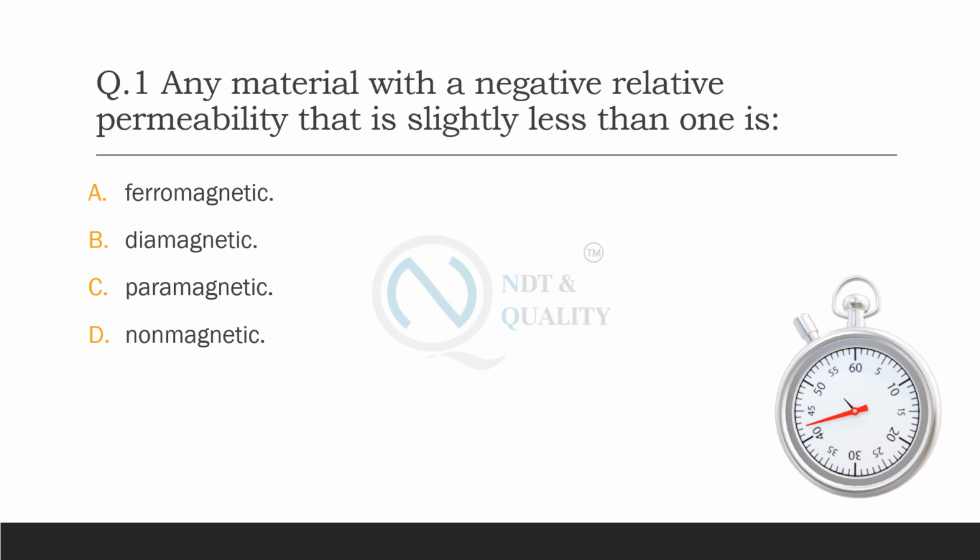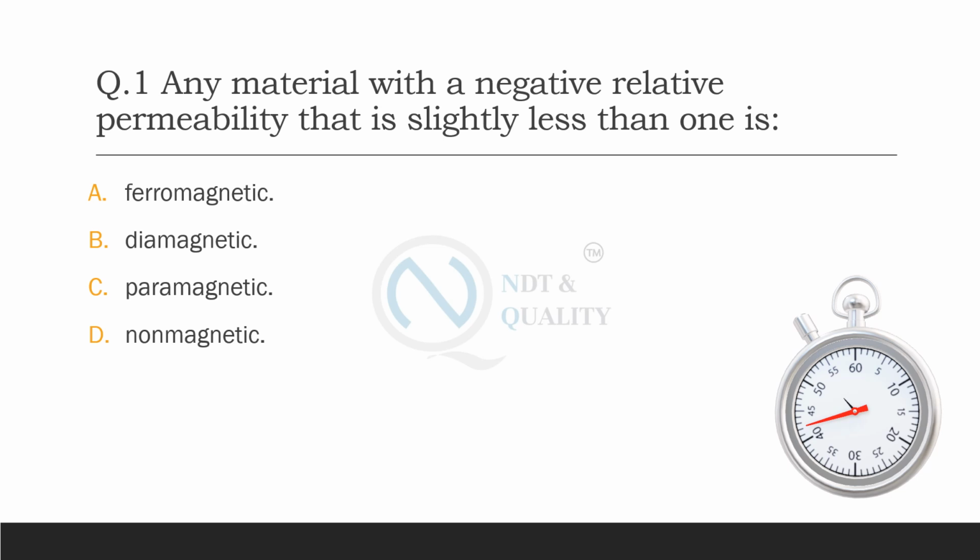Here there are four basic types of materials given in the options: ferromagnetic, non-ferromagnetic, diamagnetic, and paramagnetic. What is the difference between these options? Ferromagnetic has very high permeability. Paramagnetic is slightly greater than 1, and diamagnetic has negative permeability.